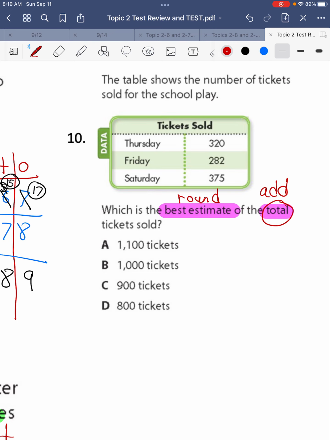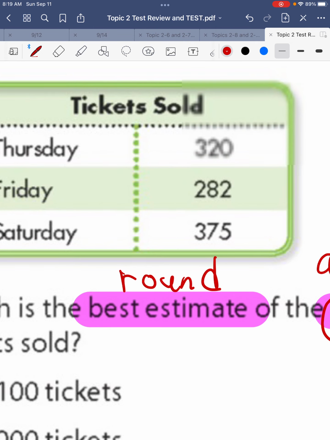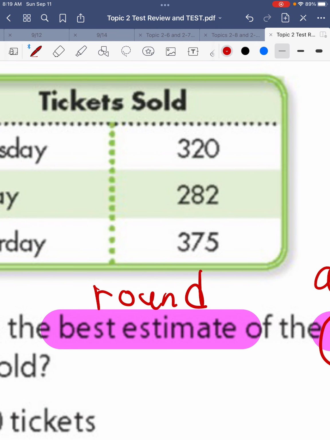So I'm going to round and add. So let me start rounding these numbers. They're not telling me where to round, so I'm going to just round to the nearest left. So the 3 is my baby, the 2 is my baby, the other 3 is my baby. That means the 2 is my mom, this 8 is my mom, and this 7 is my mom.